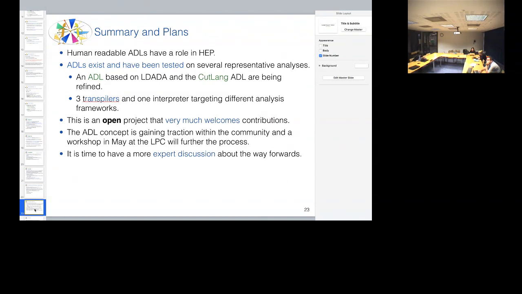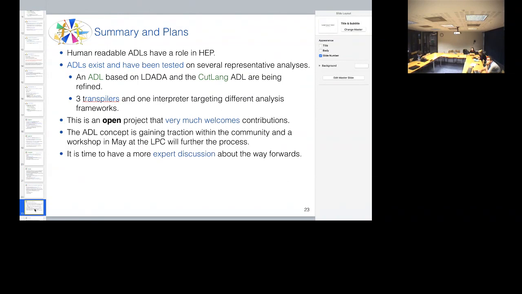Indeed, an ADL exists. In fact, two of them exist, and they have been run on several representative analyses. That is to say, we actually read the papers, implemented the analyses with these ADLs, and ran them through these various transpilers and interpreters to show that basically we get the same answer.